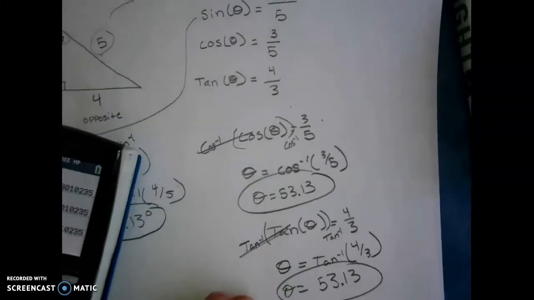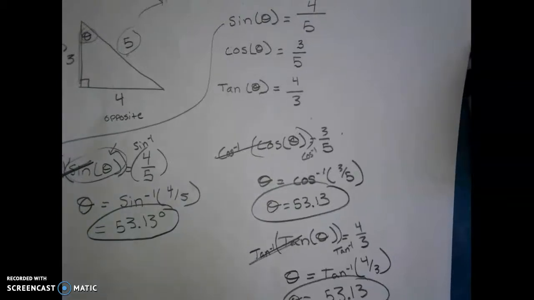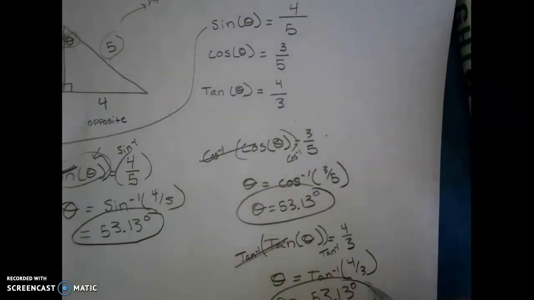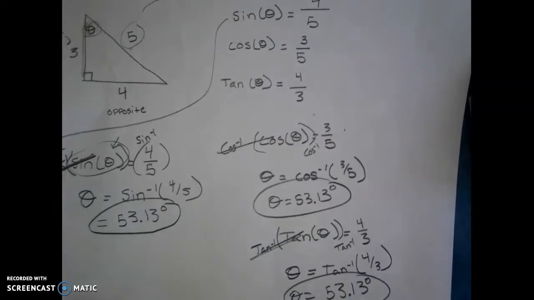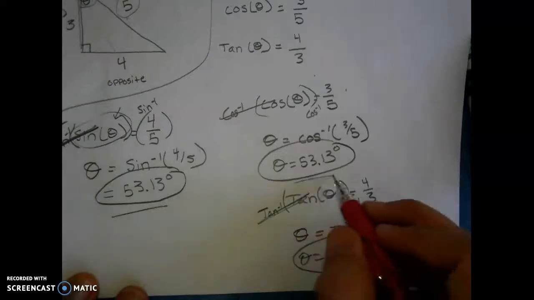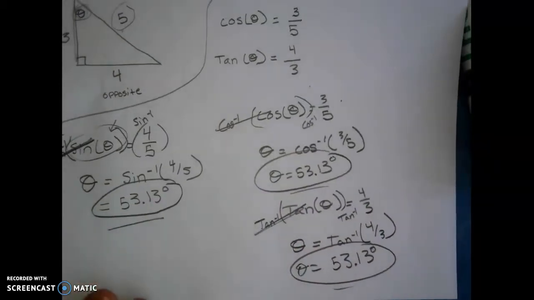A few things to note here. What are we finding? We're finding an angle, right? So all of these need to be degrees. Another thing to note is I got the same exact answer for all three of them.